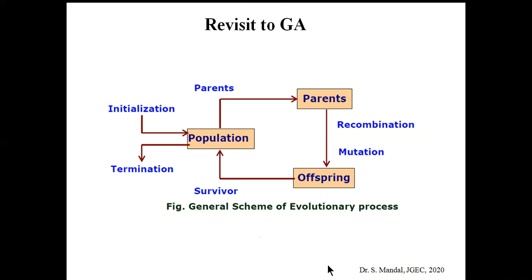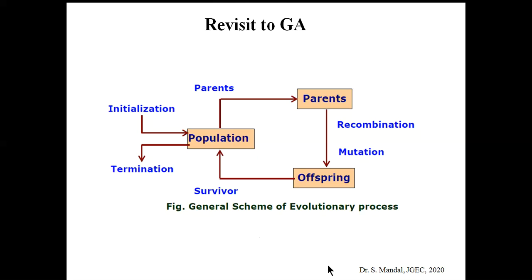And if the fitness value of the resulting child, or you can say the new solution, is greater than the parents or earlier solution, it will survive, and we will incorporate this new offspring into the population, and this process will continue until the termination criteria are reached.